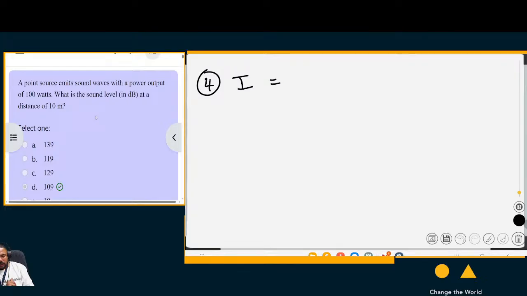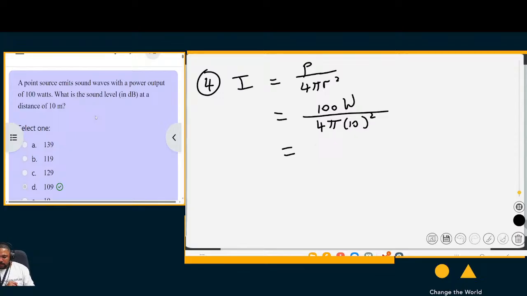Intensity is equal to the power over 4 pi r squared, because it's the surface area of a sphere. So the power is 100 watts, divided by 4 pi, and the radius is 10 meters away, so it's 10 squared. 100 cancels, so it's 1 over 4 pi.